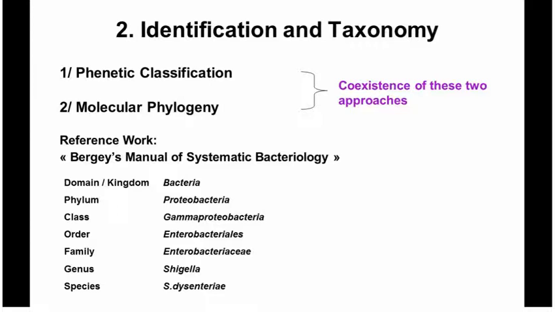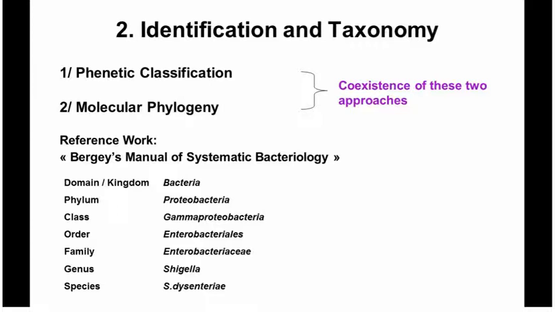So a lot of the classical bacteriological designations for species and the higher groupings were initially done on the basis of phenotypic characterization of bacteria. And then more recently, of course, now we can sequence whole genomes very, very quickly, get a lot of information about genome sequences. So classification is done generally now by molecular phylogeny.